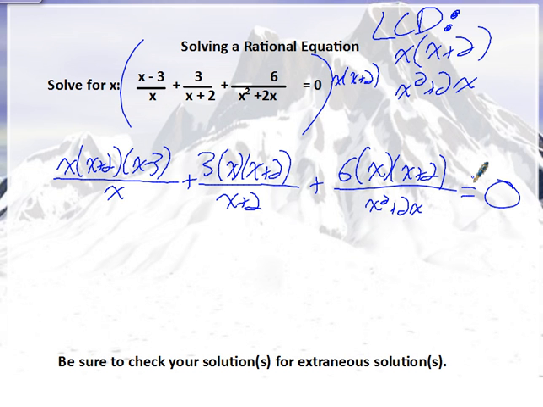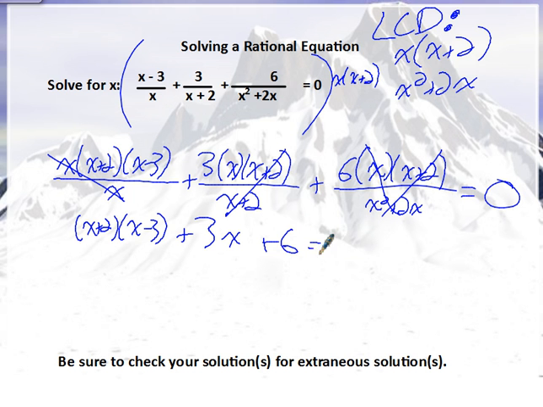Anything times 0 is 0. Okay, so once I'm here, I can go through and cancel out some stuff. So x is canceled, x plus 2 cancels, and everything cancels here because x times x plus 2 is x squared plus 2x. So what I'm left with is x plus 2 times x minus 3 plus 3x plus 6 equals 0.